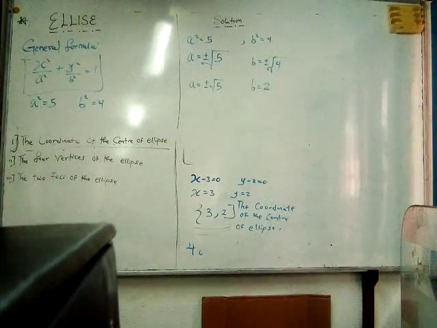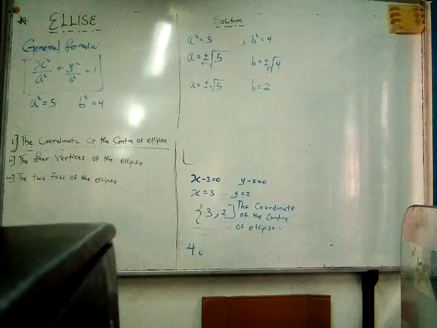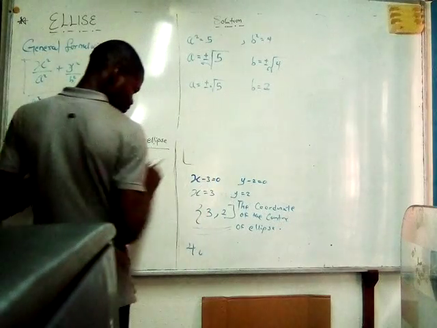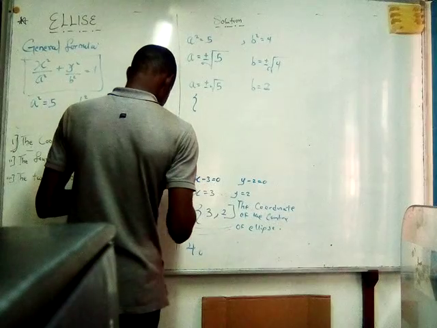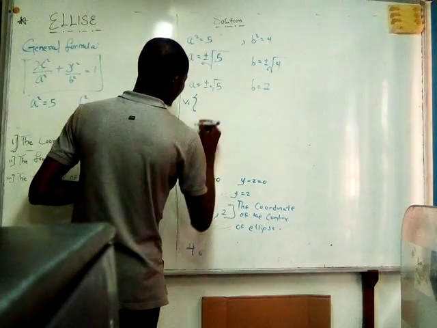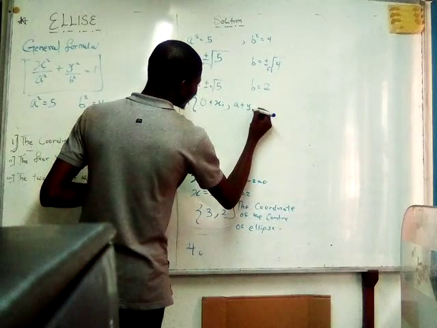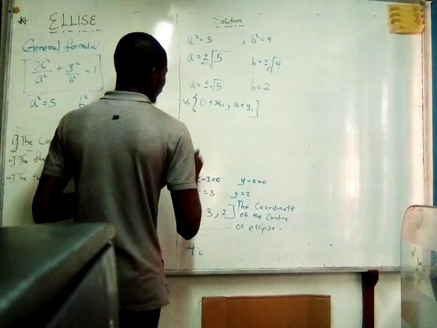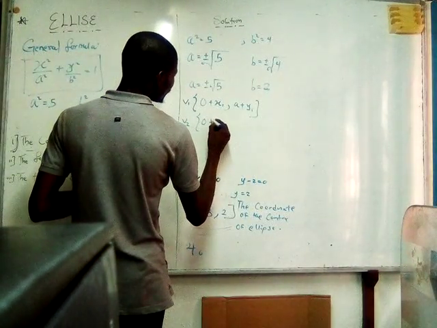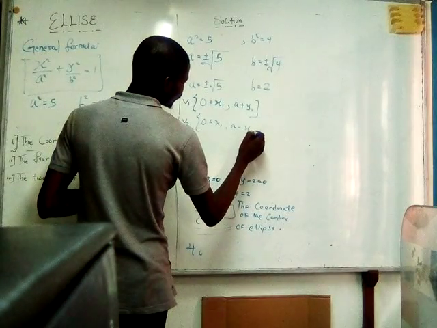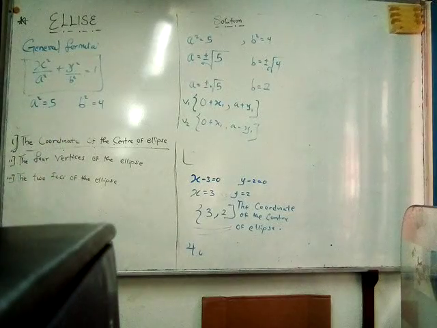To find the four vertices of the ellipse, we say V1 equals (0 plus x1, a plus y1). V2 is (0 plus x1, a minus y1). So we move forward.